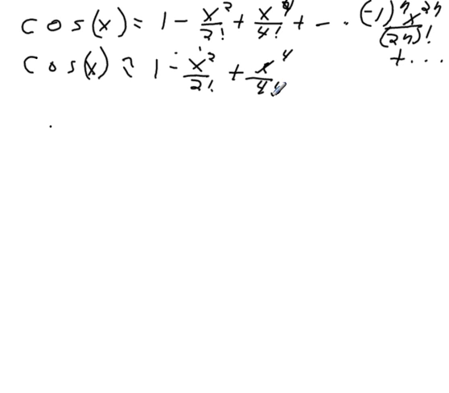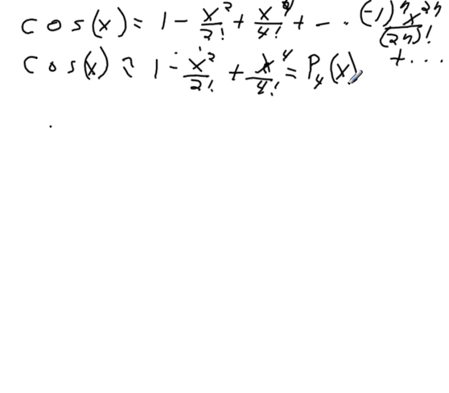And that's only approximate. And then we wonder, well, how good is that approximation? Notice we have names for these approximations. We would call this the Taylor polynomial of order 4 for the cosine of x centered at x equal to 0.